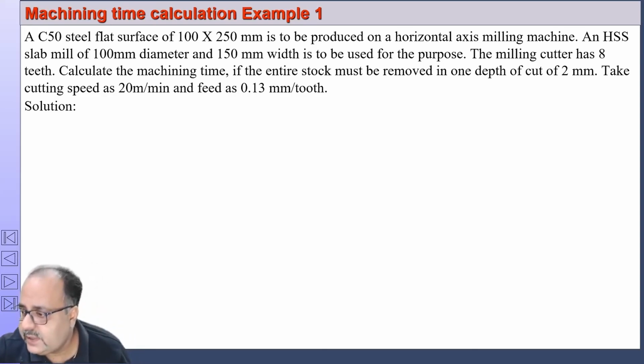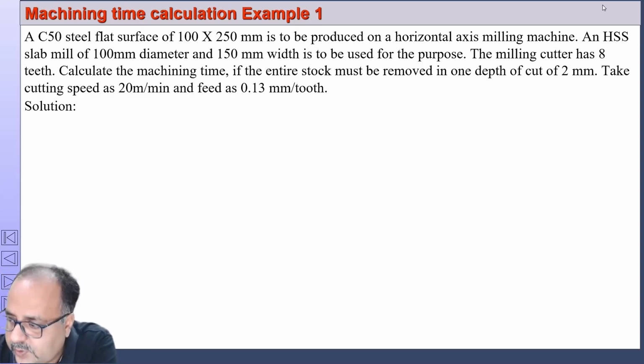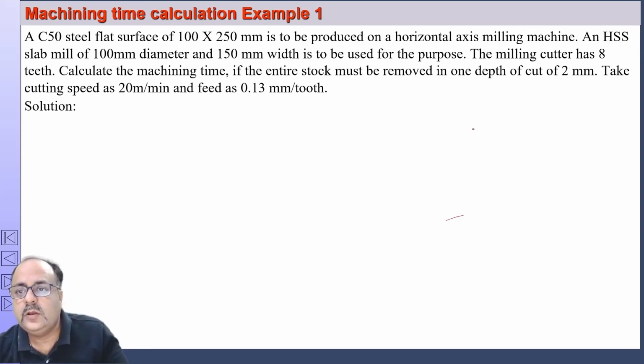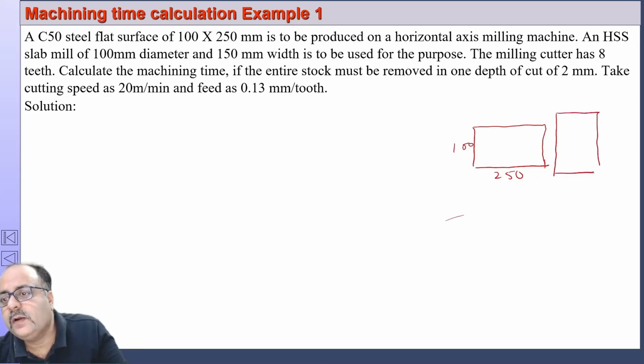So that basically means here, if this is the width, this is 100 and this is 250, we have a cutter which is 100 mm in diameter and 150 in width.